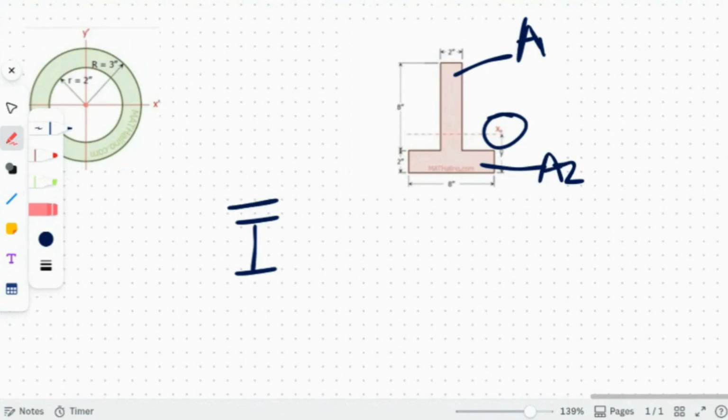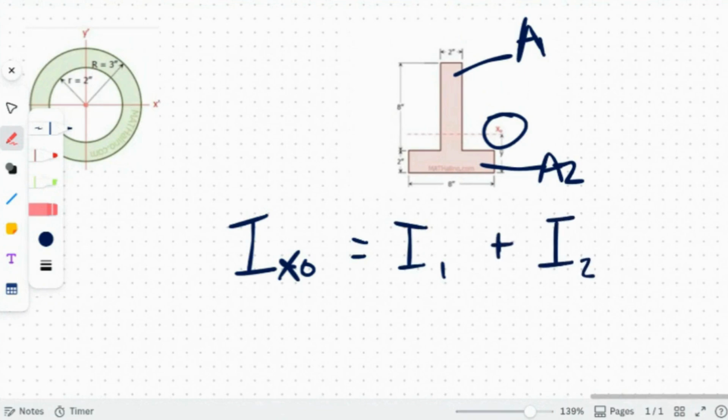So I bar, oh no, we could call it IXO. IXO is equal to I1 plus I2 about XO. So they will have to have the same reference axis.